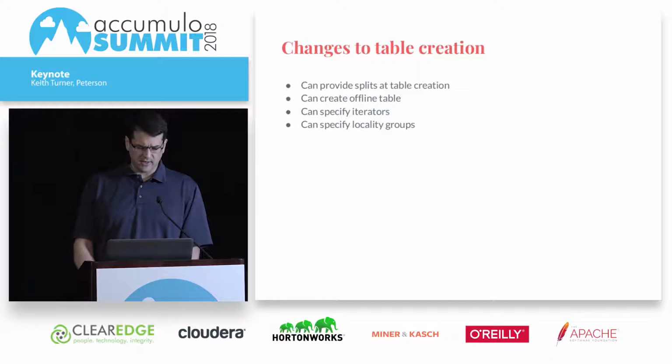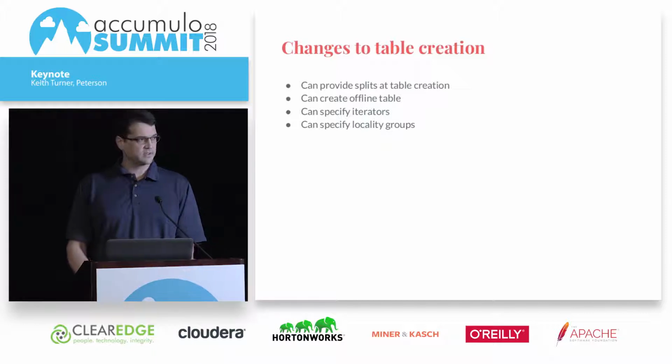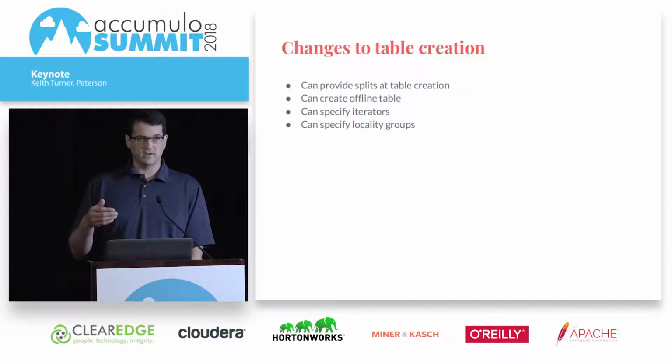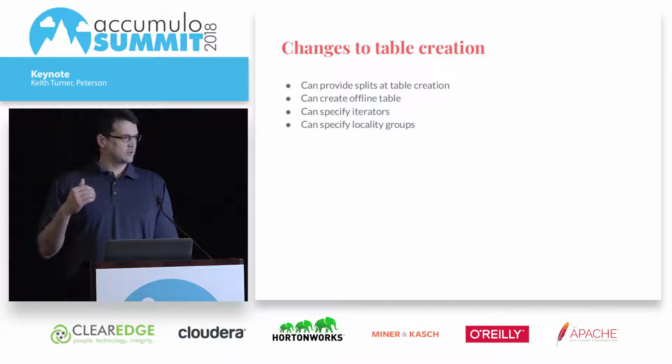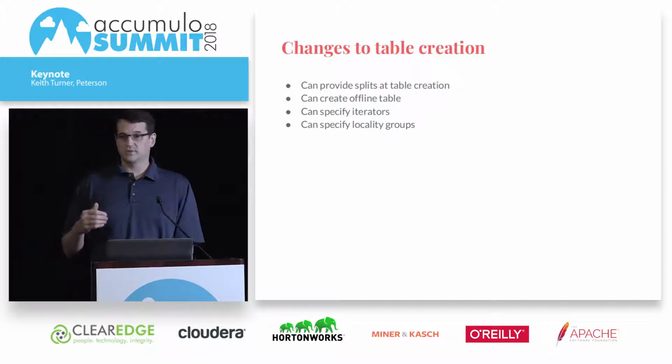And specifying iterators at table creation time, that's also a nice thing that can avoid certain race conditions. In the old API, you create a table, and then you could turn around and add some iterators. Well, maybe you don't want users interacting with the table before those iterators are set on it.